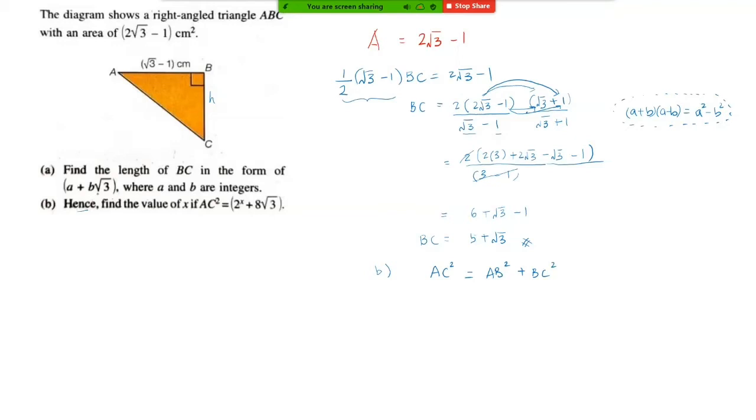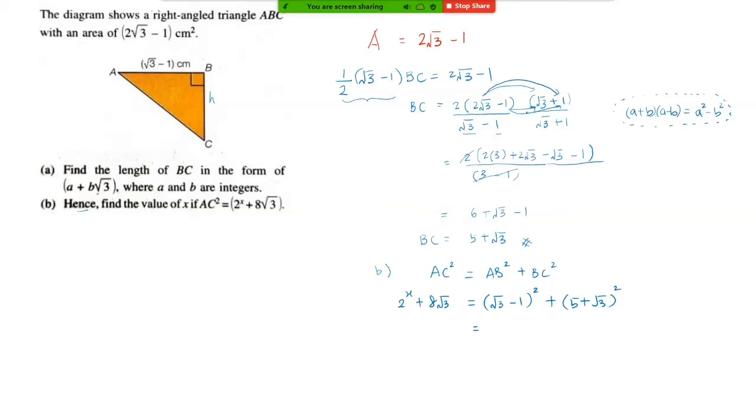Now AC squared is given as 2 to the power of x plus 8√3. So let's expand AB squared. So AB is √3 minus 1 squared plus BC is 5 plus √3 squared. So with this, let's expand this.